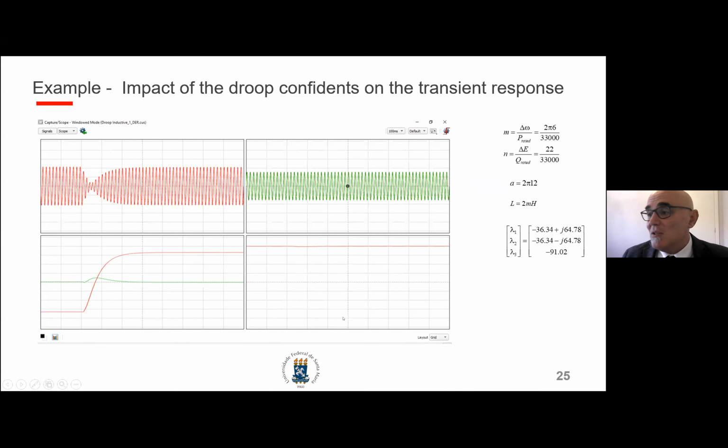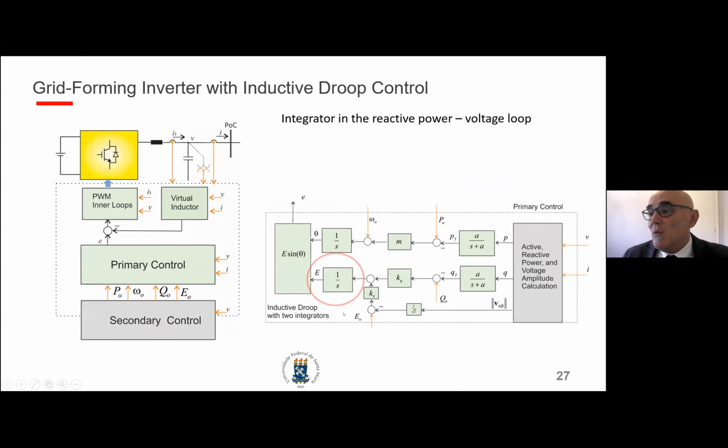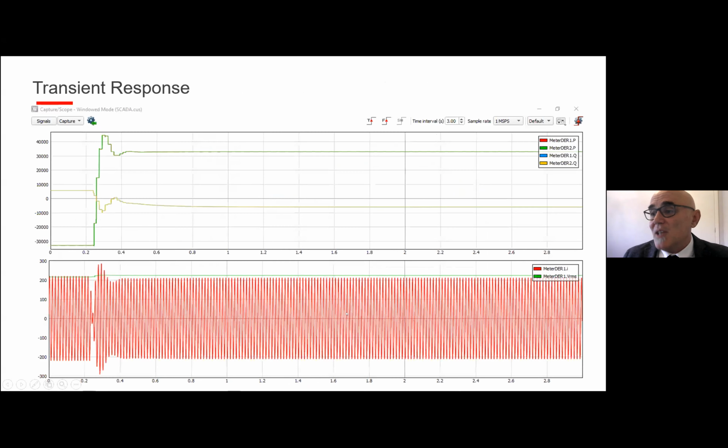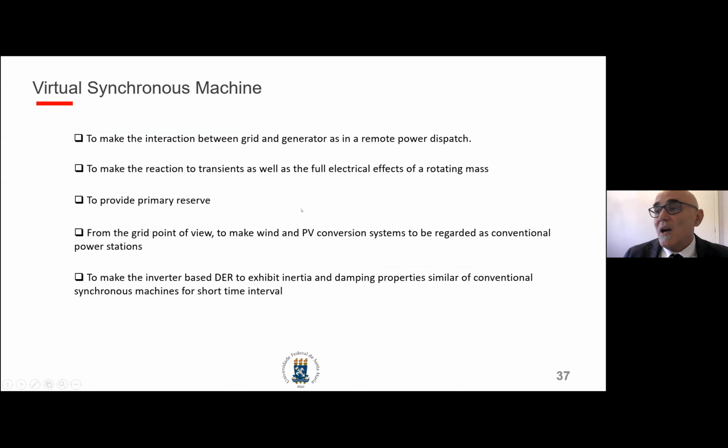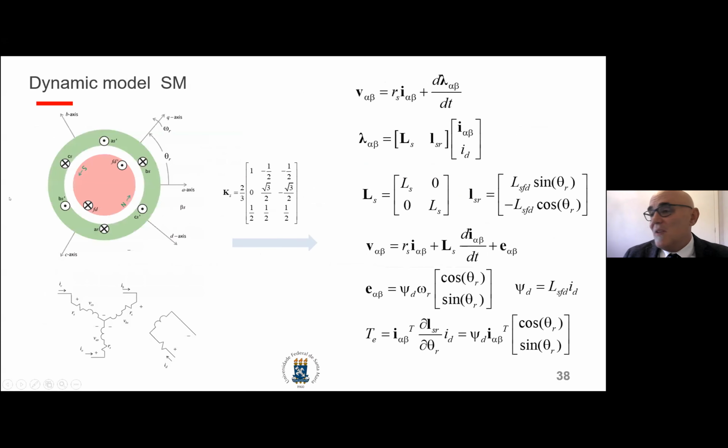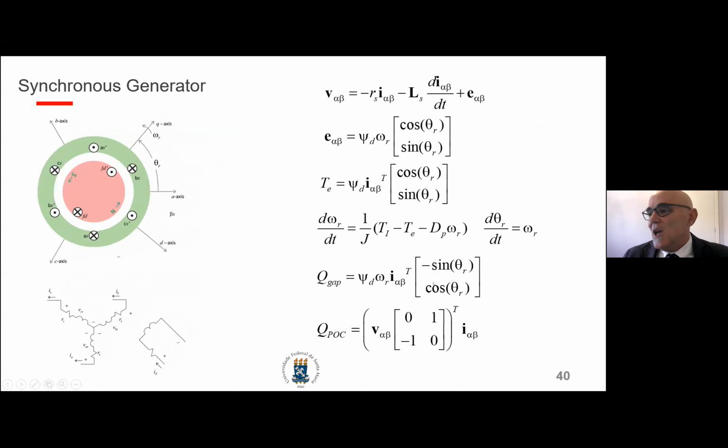I probably have 5 minutes. Anyway, we take the same approach for the virtual synchronous generator, where we derive a model based on an elementary three-phase machine. So we have the dynamic equations for this machine. We have two cases here.